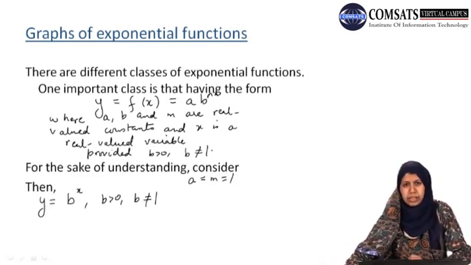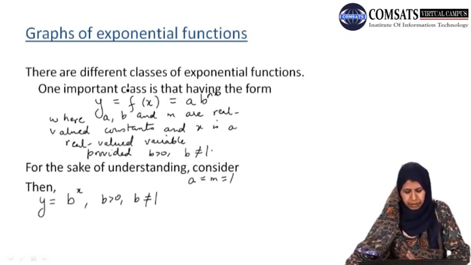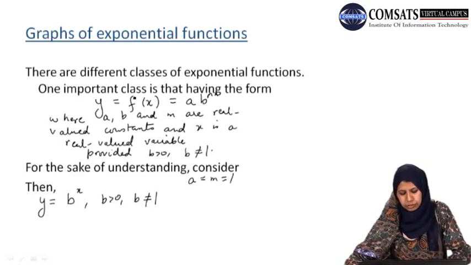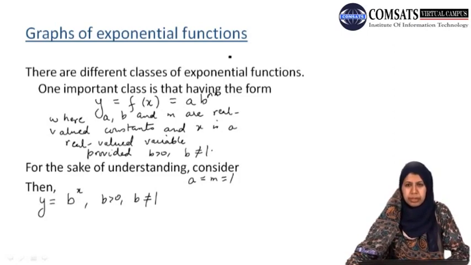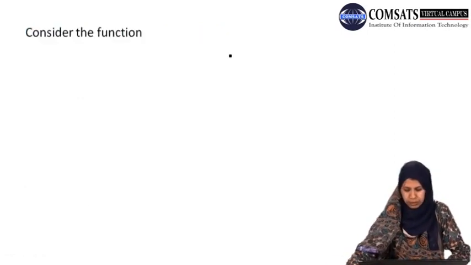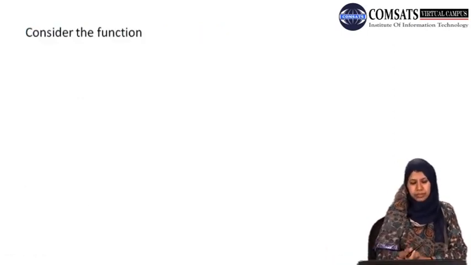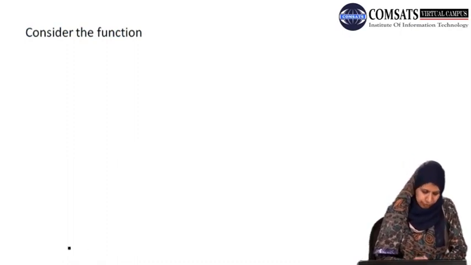So we have defined an important class of exponential functions and simplified it: when a and m are 1, our exponential function is y equal to b to the power x for positive values of b different from 1. Now we are interested in the graph of these types of functions.